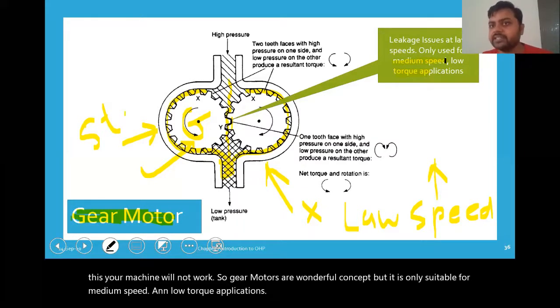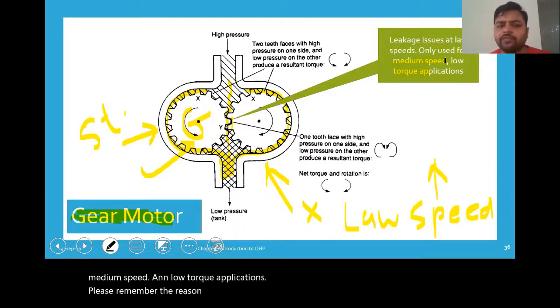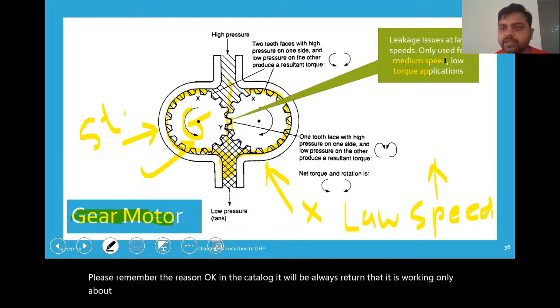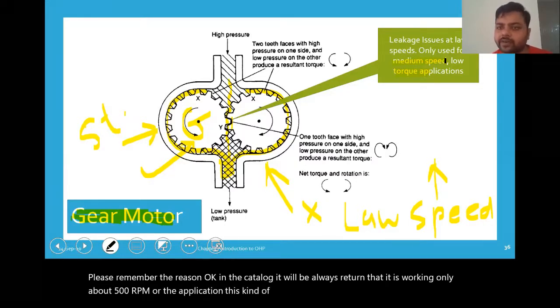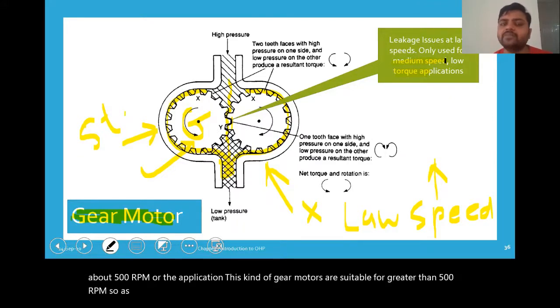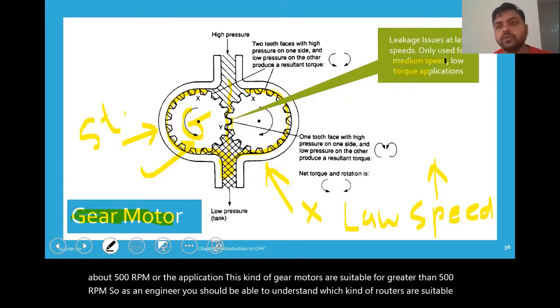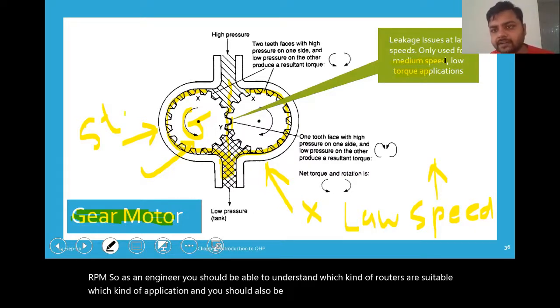Please remember the reason. In the catalog it will always be written that it works only above 500 rpm. This kind of gear motor is suitable for greater than 500 rpm. So as an engineer, you should be able to understand which kind of rotors are suitable for which kind of application, and you should also be able to understand the underlying reason.